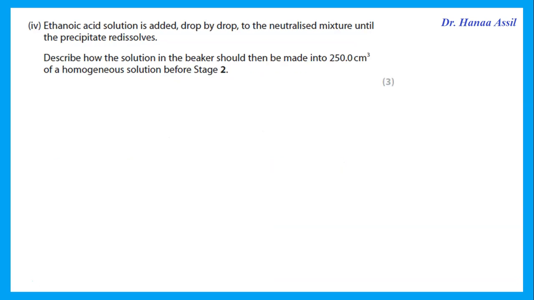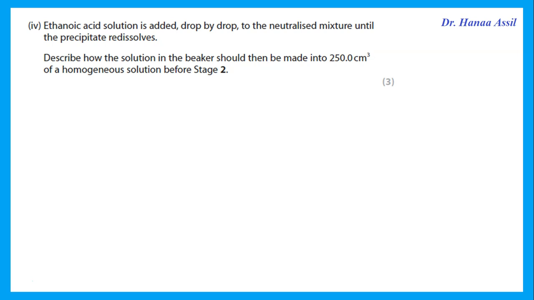Ethanoic acid solution is added drop by drop to the neutralized mixture until the precipitate redissolves. Describe how this solution should then be made into 250 centimeter cubed of a homogeneous solution. So we have a certain mixture. I want to make it up to 250 centimeter cubed.